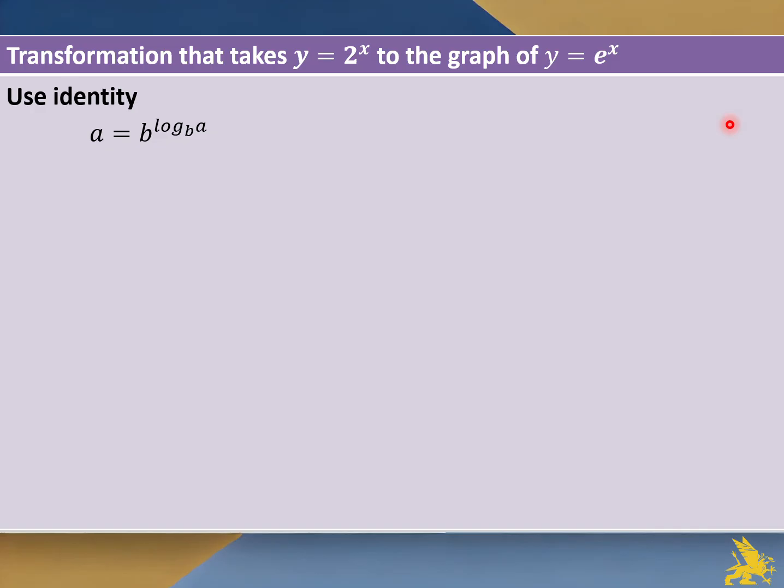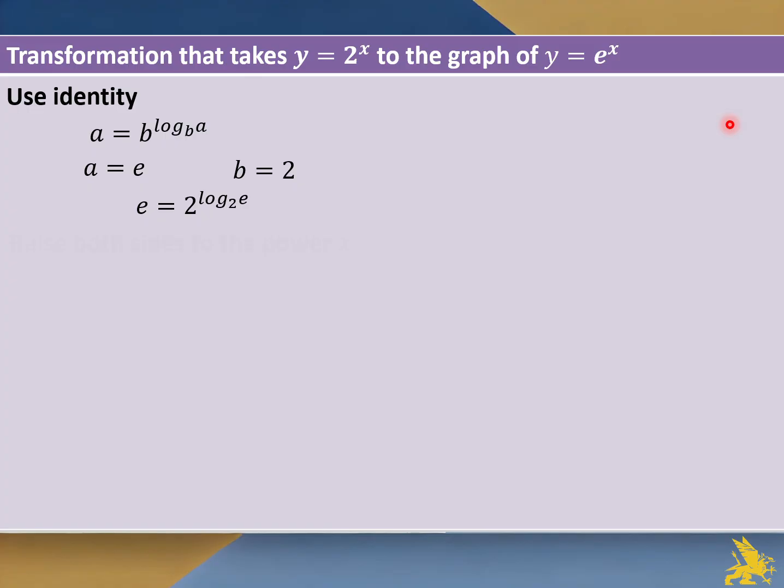We're going to think about what our a value is and what our b value is. So our a value is going to be e, and our b value is going to be 2. So I'm going to rewrite this: e is equal to 2 to the power of log base 2 of e.